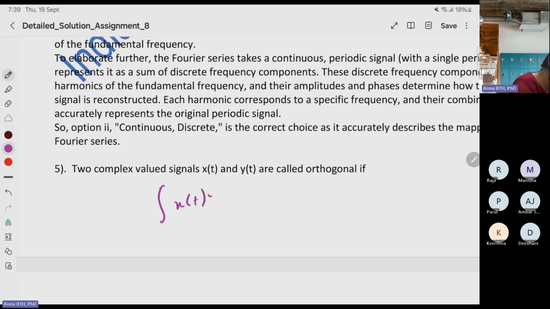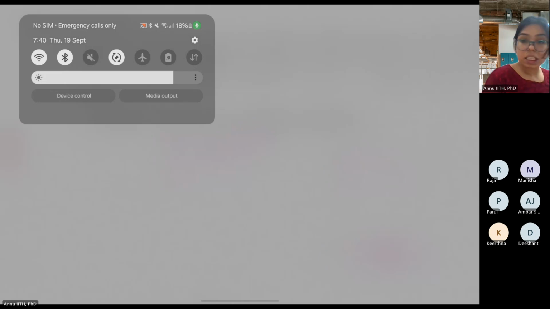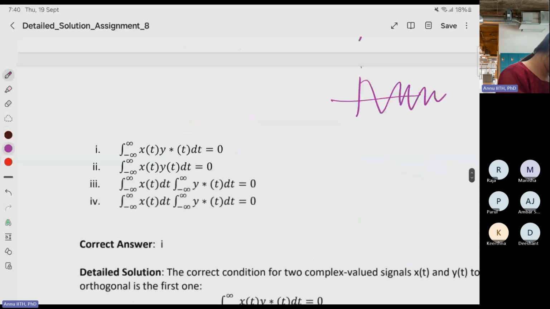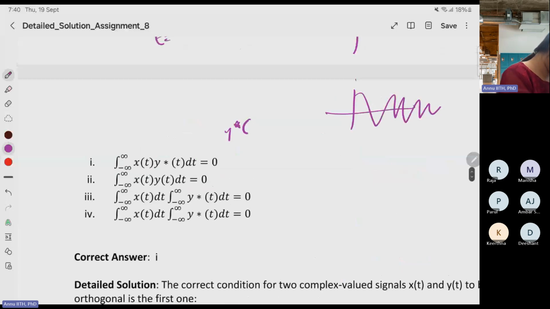When you have two signals like this, the answer will have this y conjugate t. So the answer will be first.